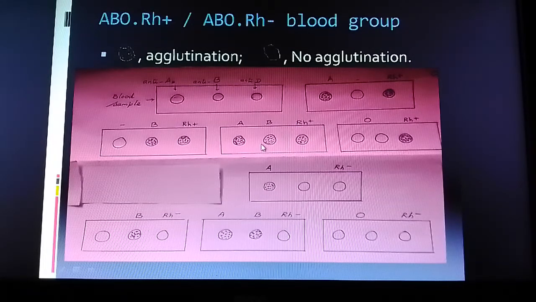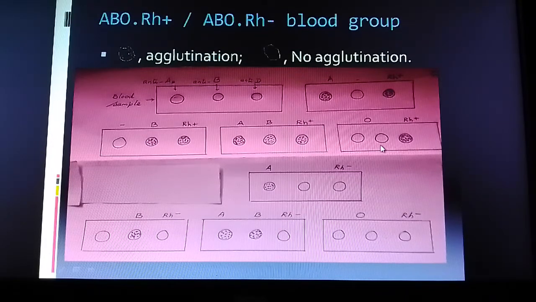If you observe agglutination with both anti-A and anti-B, regarding the ABO system you can assume it is AB blood group, and agglutination with anti-D indicates RH positive.